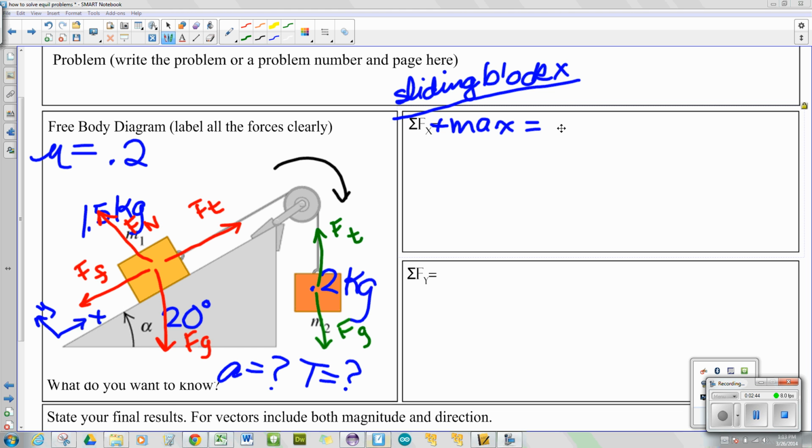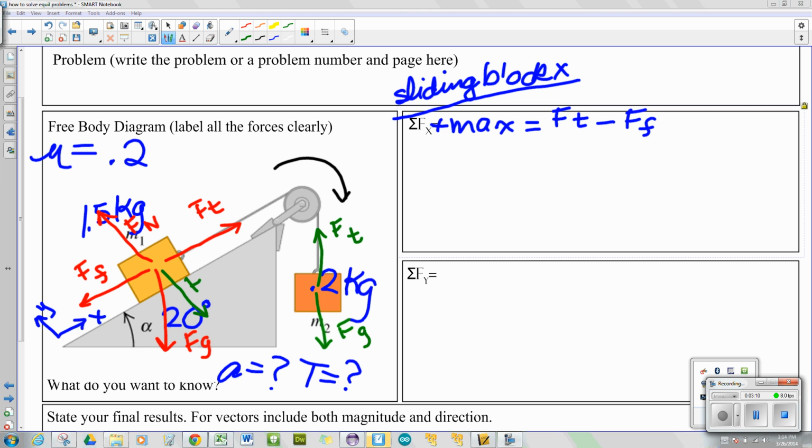Equals force to the right is Ft, force to the left is Ff, and the third force acting in the horizontal direction will be, I'll use a different color so you can see where I'm going here.